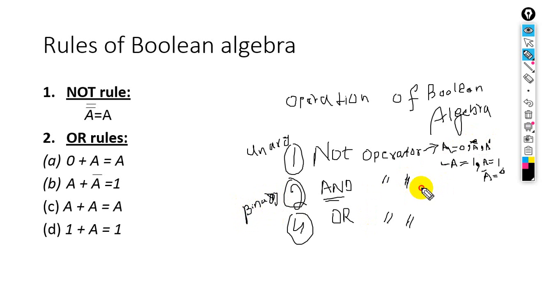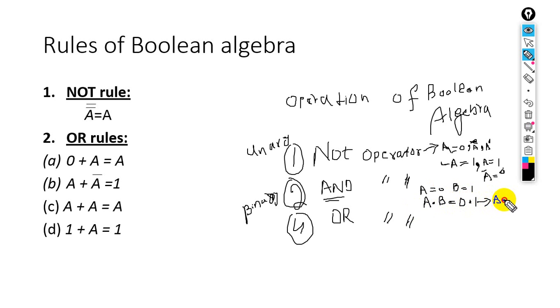For example, we have variable a equal to 0 and variable b equal to 1. Now how will we represent the AND operation? The AND operator is represented by a dot, so we can also call it the dot operator. a dot b, in place of a I put 0 and in place of b I put 1.